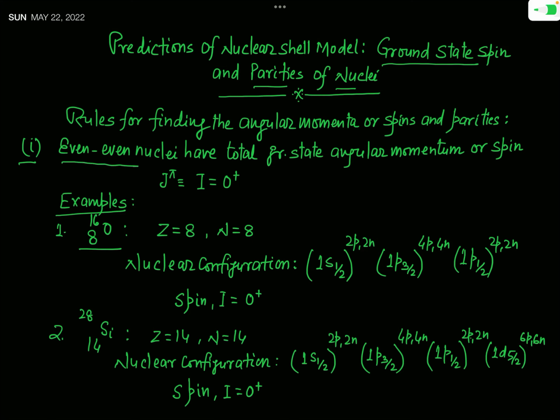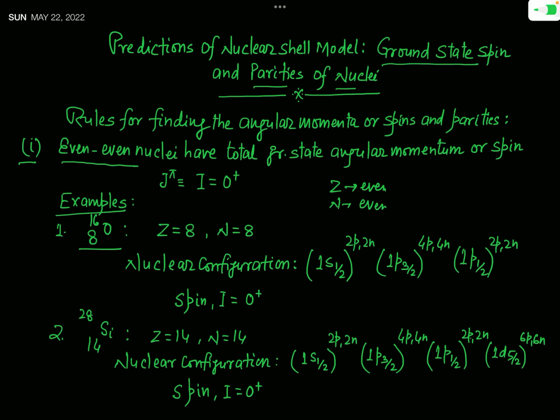When you say even nucleus, that means a nucleus in which the number of protons, that is Z, is even, and also the number of neutrons is even. So if Z and N both are even, then such a nucleus is called an even nucleus.